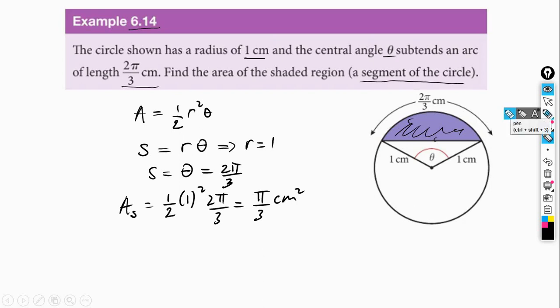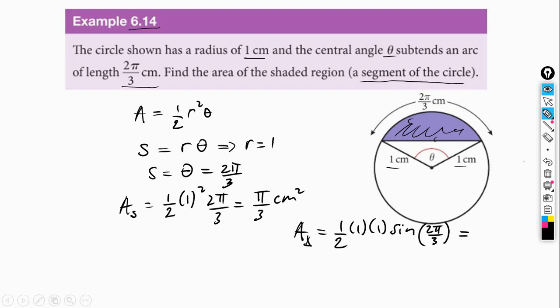And from the previous slide, we learned that the area of a triangle for which we have two sides and the included angle is going to be, so the area of the triangle is going to equal 1/2 times A times B, or 1 times 1, times the sine of 2 pi thirds.